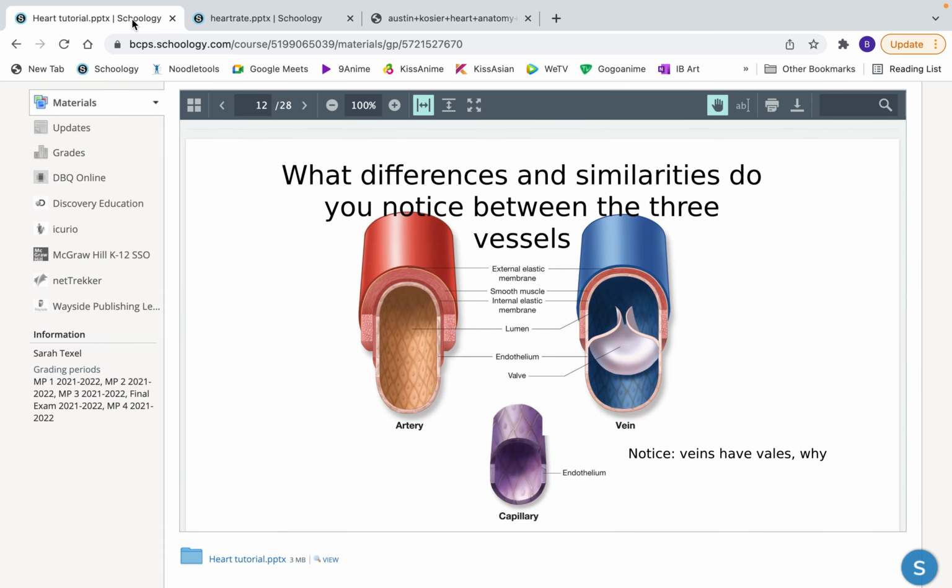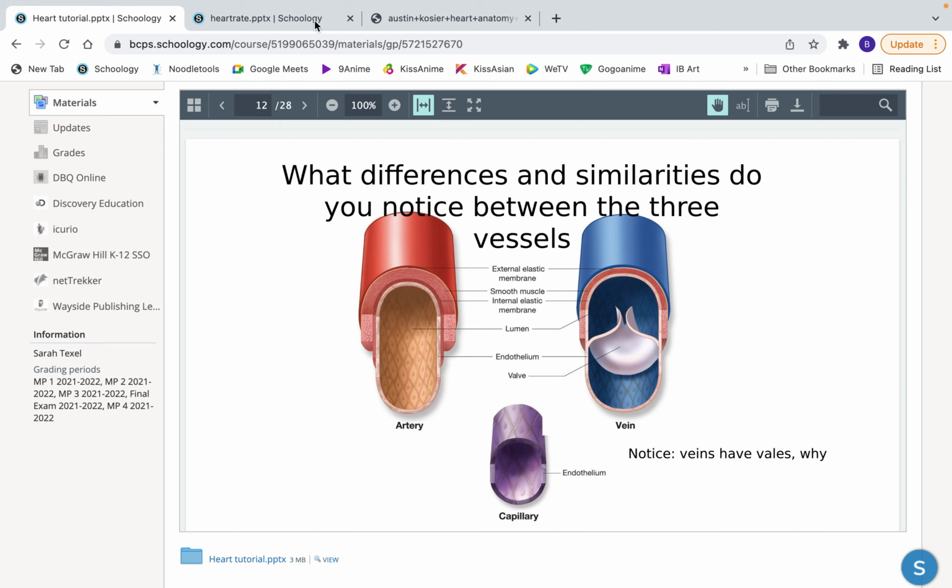So the arteries are going to have a somewhat small lumen. A lumen is what we call that area that's empty, or that would be, in this case, filled with blood. So arteries are going to have a somewhat small lumen, but they're going to have a lot of that smooth muscle around them because they are going to have to deal with those high pressure scenarios.